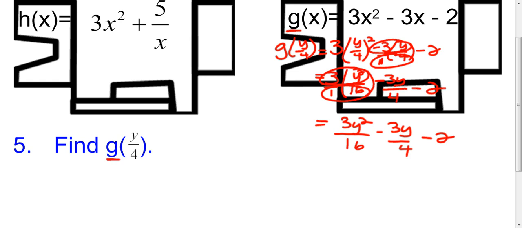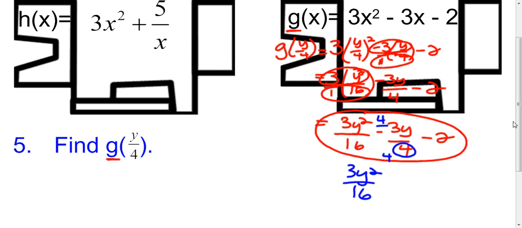So here's what I want you to know. It may leave it like this in accelerated math if you're doing your homework. It might leave it like this. For me, this will be fine. Accelerated math may make you have common denominators. So it would want this one to be 16, and so then you'd have to multiply this by 4 over 4, so that it would become negative 12y over 16. And then it would want this denominator, which is 1 right now, to be 16.